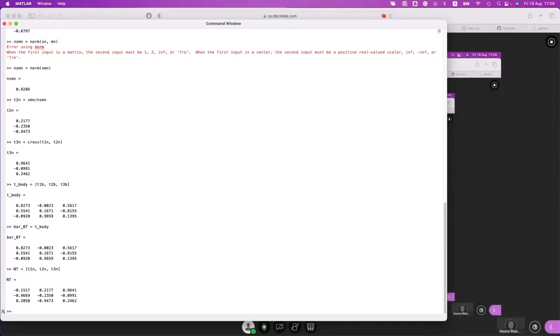All right, so now this is question 2. Obtain Bn matrix. And your Bn matrix is actually your rotational matrix, and it's also the same thing as your cosine matrix.